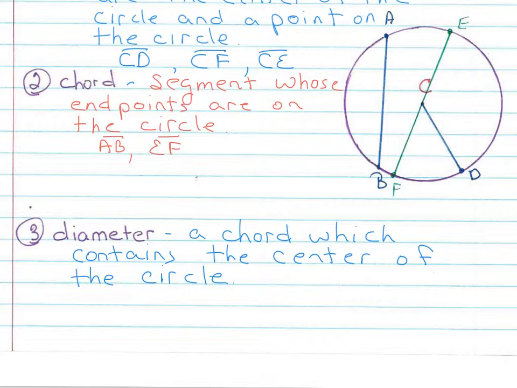In this case, which one is a diameter? It's EF. That is a diameter of the circle. If we were talking about the length of the diameter, we would not use the segment designation. So, we talked about the radius, the chords and the diameter.